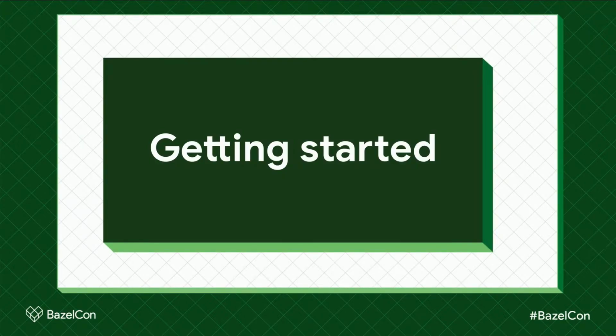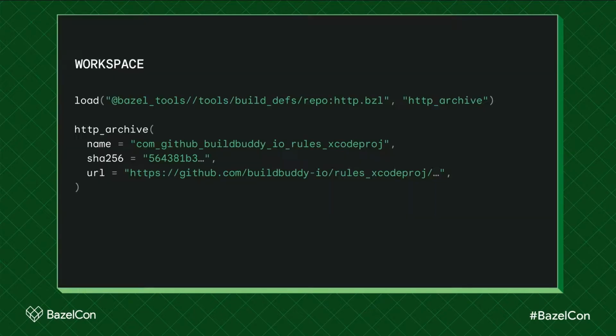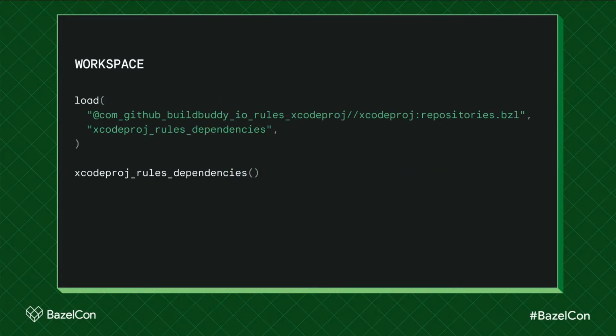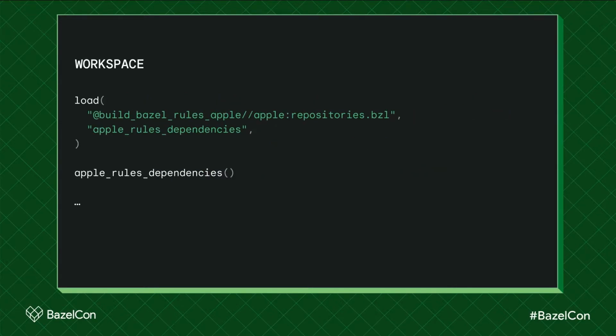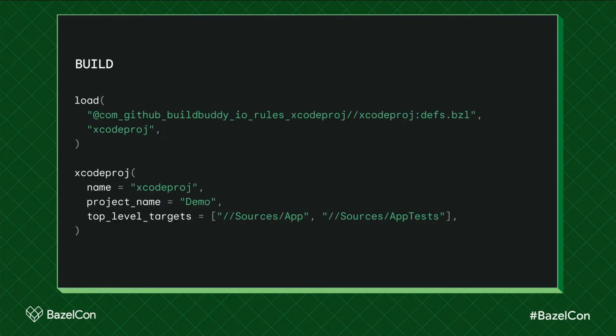There are only a few steps needed to get up and running with Rules Xcode Proj. First, in your workspace file, you need to add a dependency on Rules Xcode Proj. Then you need to load its dependencies, and its dependencies. Don't worry, the release notes on GitHub provide an easy to copy snippet so you don't have to figure this out yourself. And later this year, hopefully we'll have Bzlmod support as well.